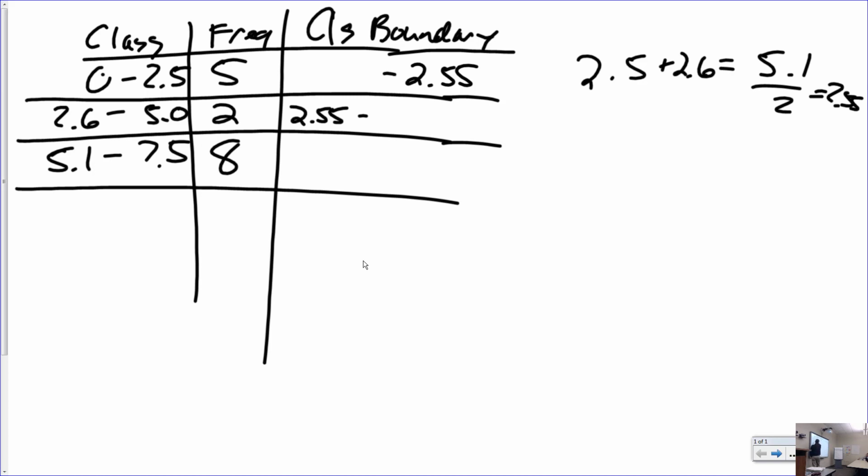So do it for the next one, between 5.0 and 5.1. You have created a pattern now. What am I doing to get from 2.55 to 5.05?